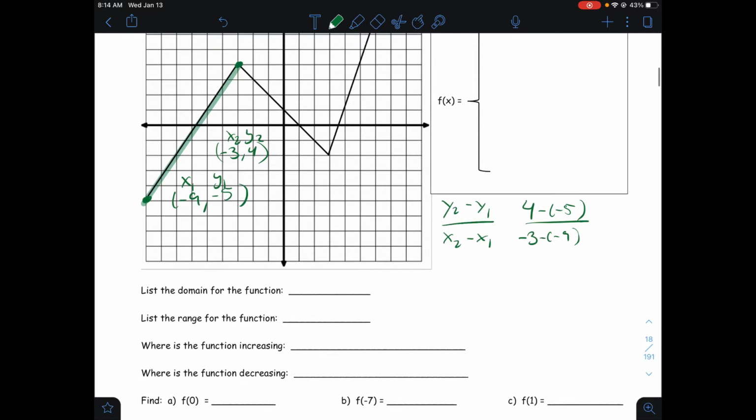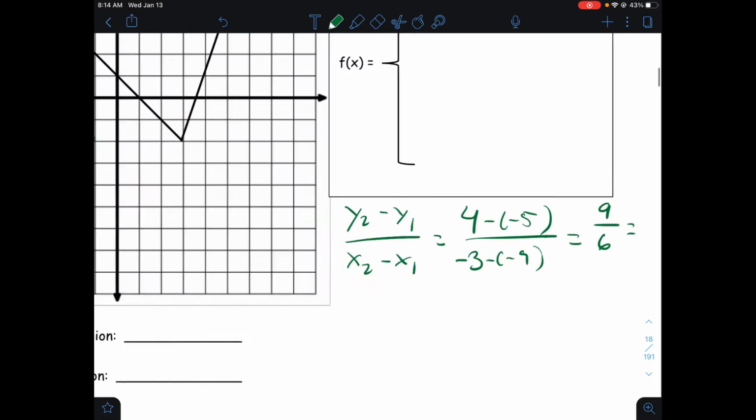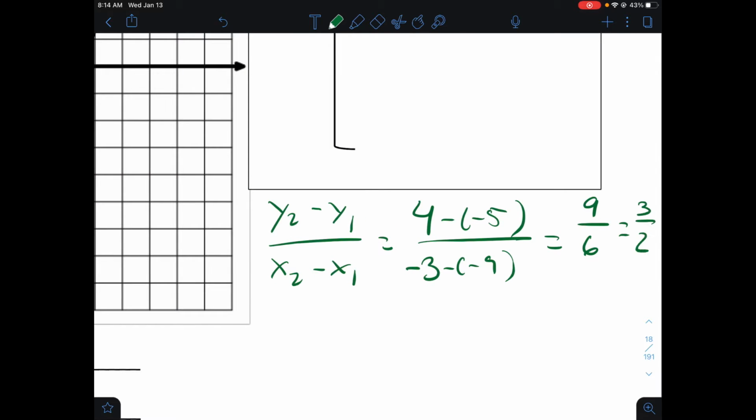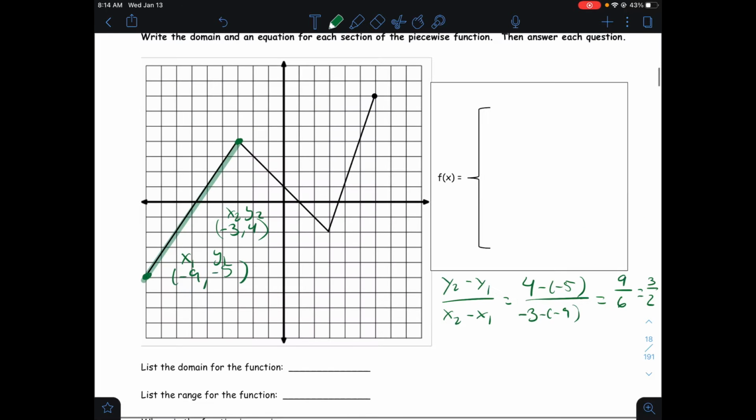We end up with 9 over 6, which we can change to 3 over 2. That gives you the slope of that equation.